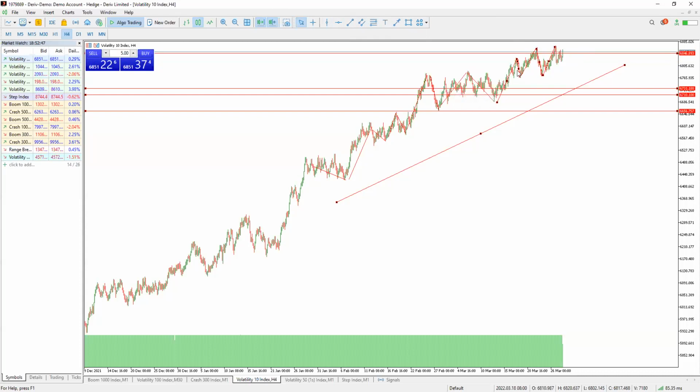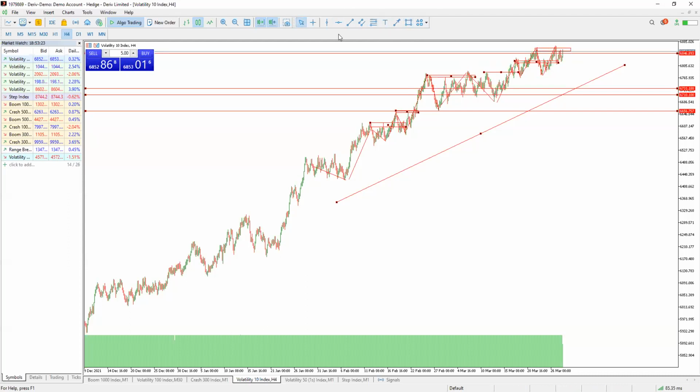Why am I saying I'm in an uptrend? Because I'm breaking what we call previous highs. I broke this high, I broke this high again here, and again here, and again here. I made a new high, I broke this high again here, and I'm breaking this high again here.